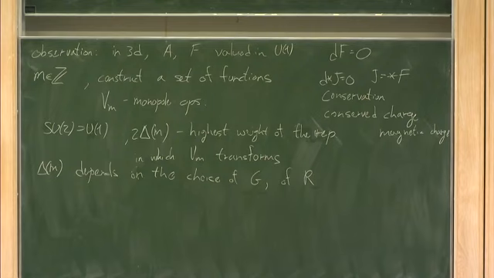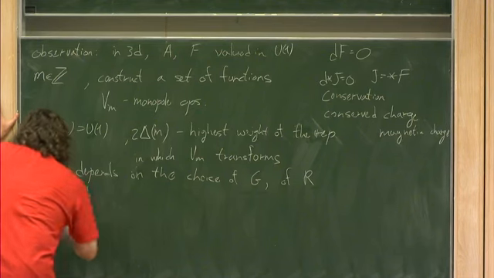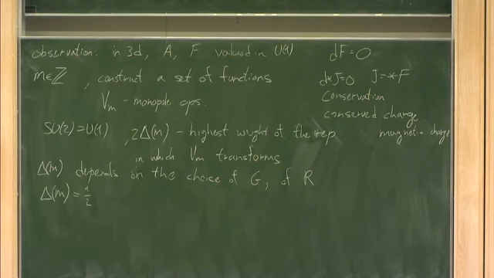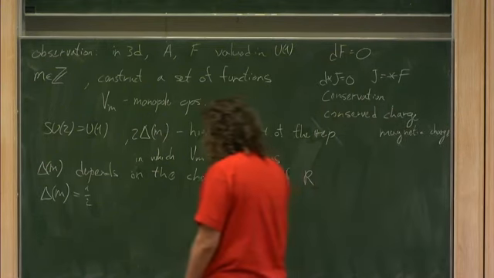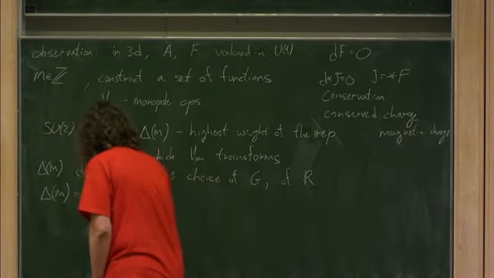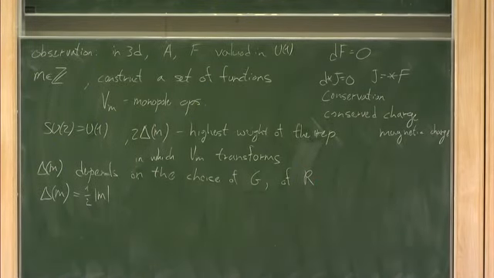So let me quote the result for the case that we are looking at over here. For our particular case, delta of m is equal to 1/2. This is the basic unit, the basic representation of SU2. There's going to be also a dependence on the magnetic charge. And since delta is always positive, we are going to take the absolute value.